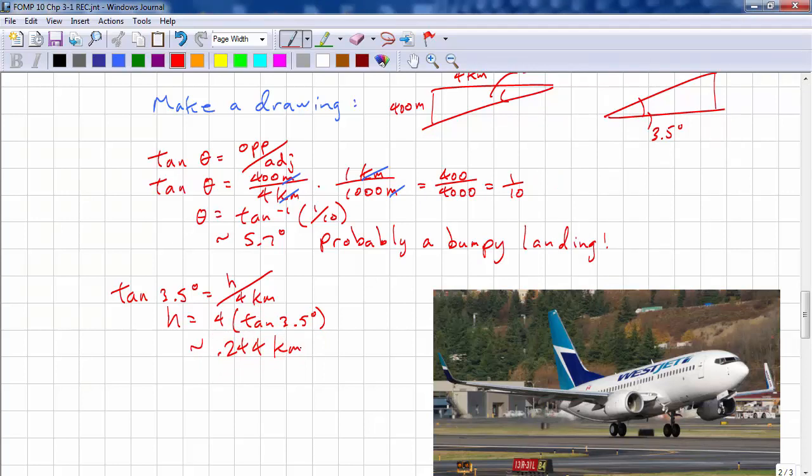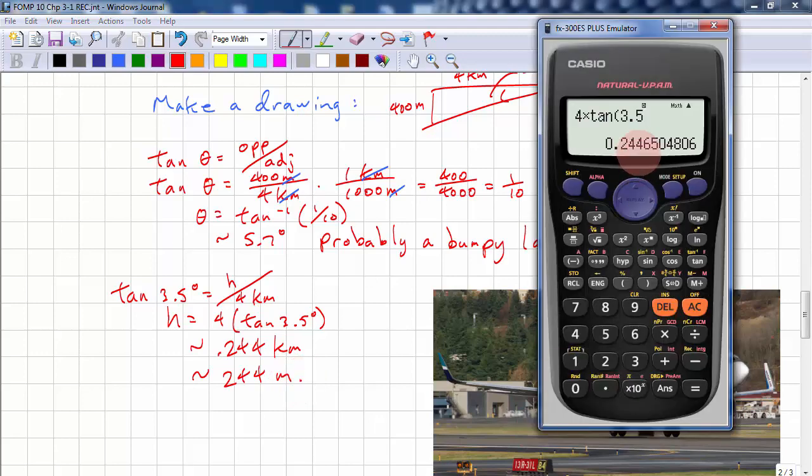Okay, this answer is not wrong. However, we would like to convert it into units that are more meaningful, and that would be meters. So we multiply by 1,000, we get 244 meters. And that actually rounds off to 245, so let's fix that.